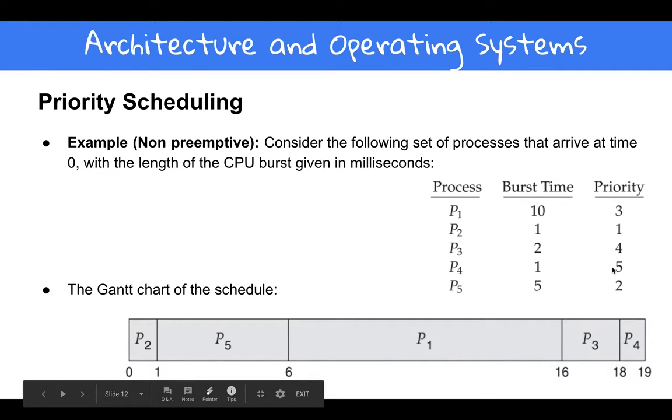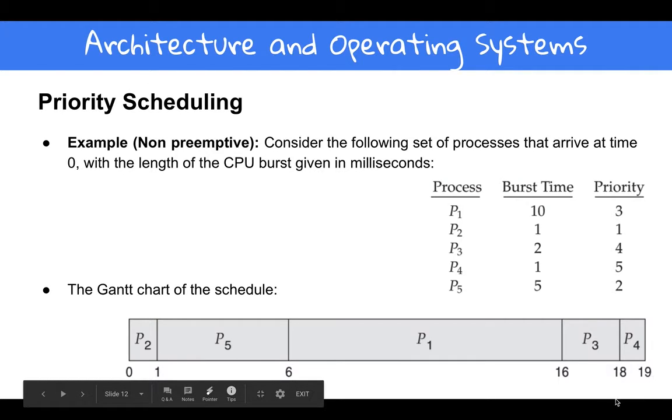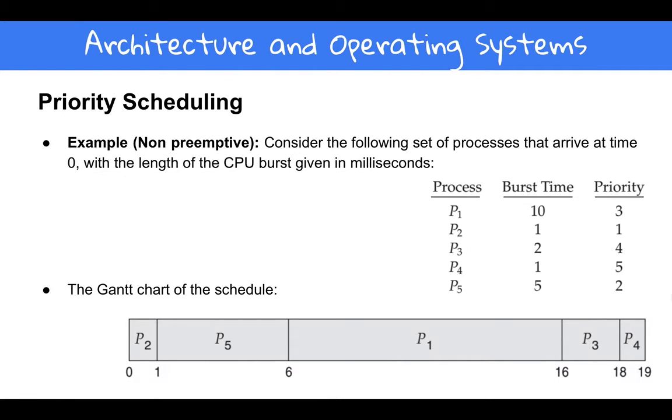And at the end, we've got P4, where the priority is 5 and the burst time is 1, from 18 till 19. So as you see, we only looked at the priority, and based on these numbers, we allocated the CPU to them. And this is the Gantt chart that we have, from 0 till 19. Very easy, so we created the Gantt chart.